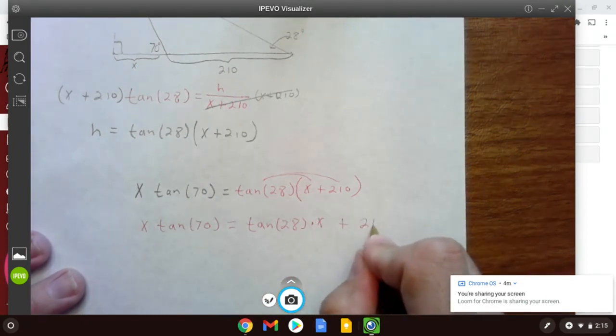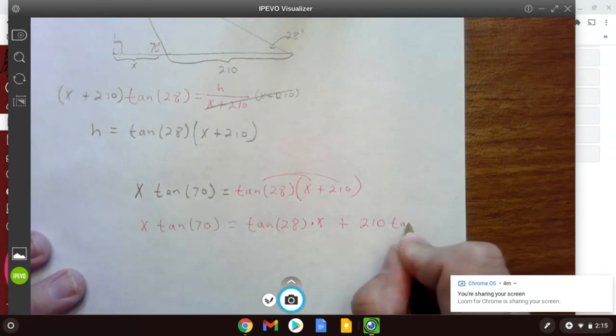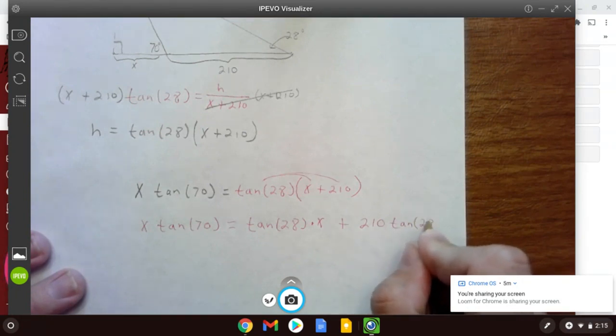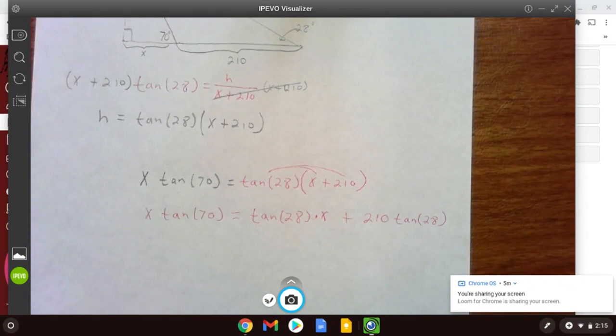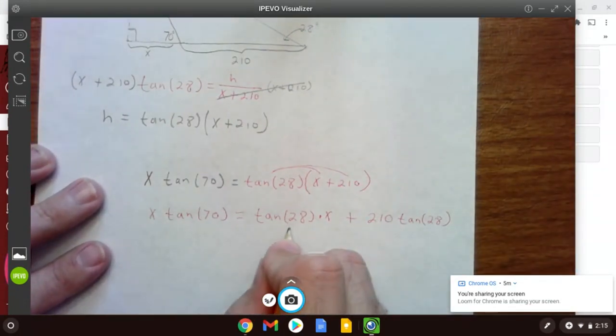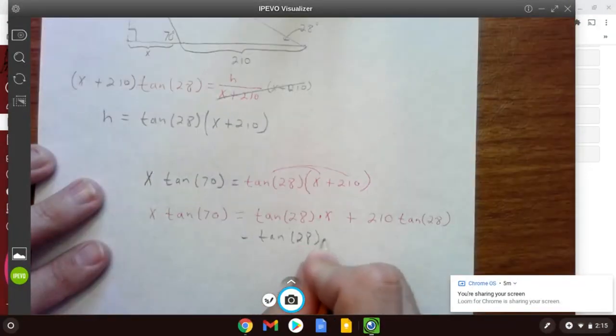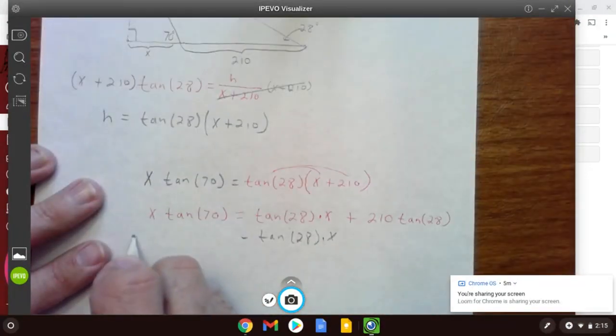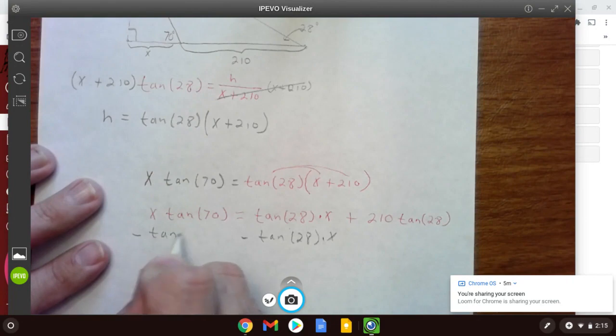Plus 210 tan 28. All right, and now I'm going to subtract this tan of 28 times x from both sides.